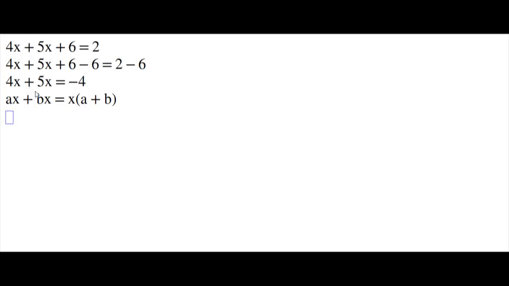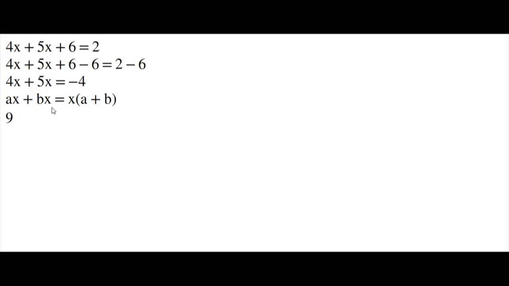There are two ways you can go about this. You could just add these two, since they're the same term, 4x and 5x, and you would end up with 9x.